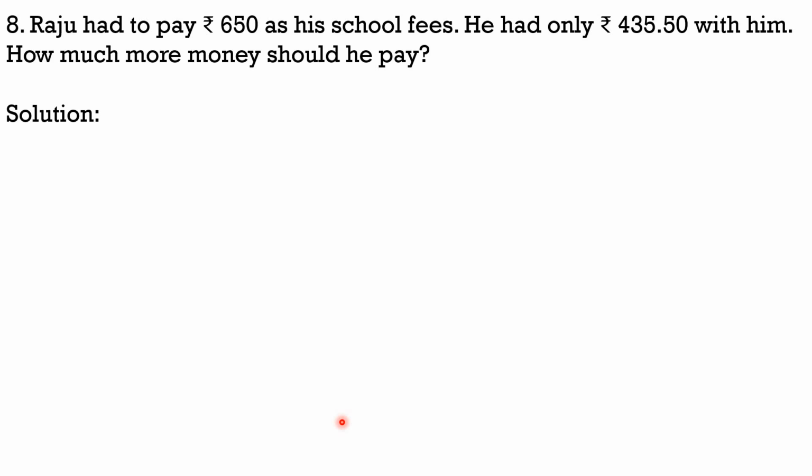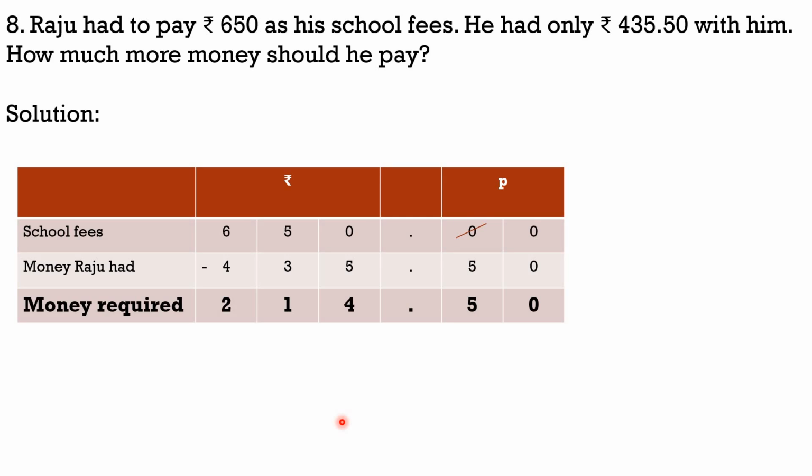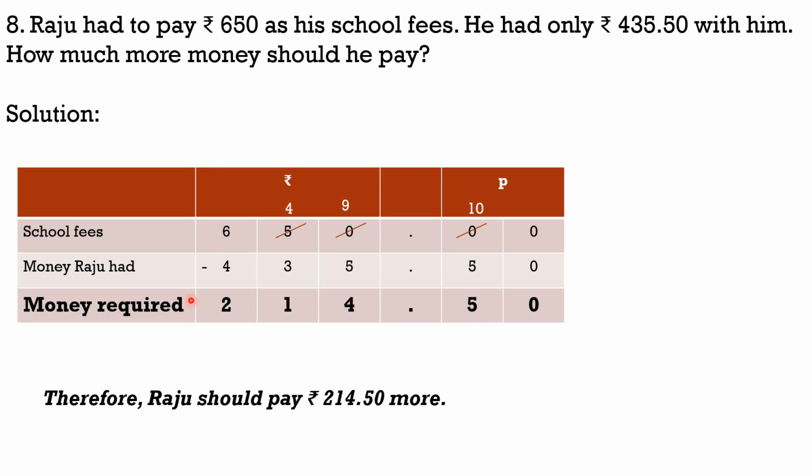So how much more amount did he need? For that we will subtract. After subtracting, 650 minus 435.50, we get the money required more, which is 214.50 rupees. So Raju should pay rupees 214.50 more.